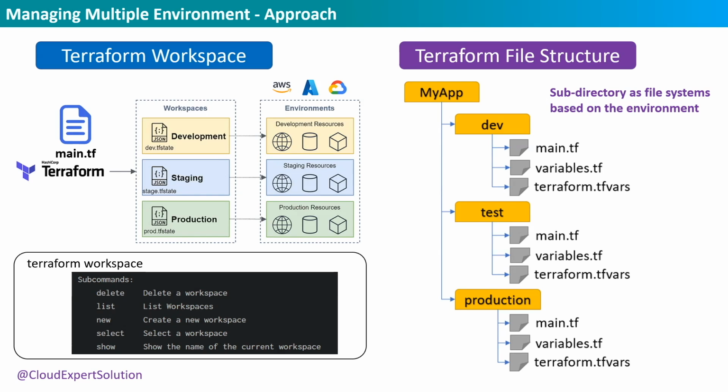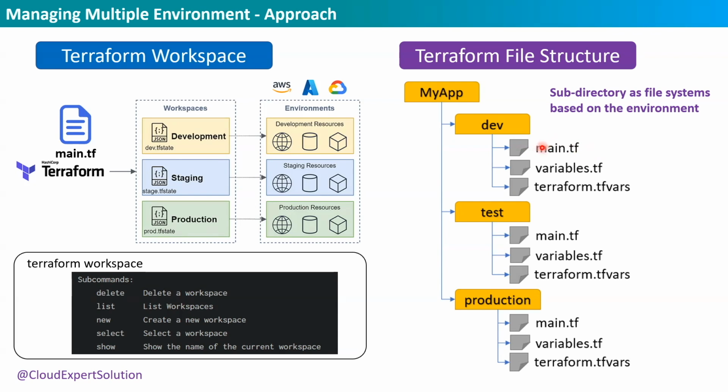Rather, you should use a variable file and create a separate file where you can store all the variable values. If you see here, I have the main.tf, which is the Terraform main configuration file.